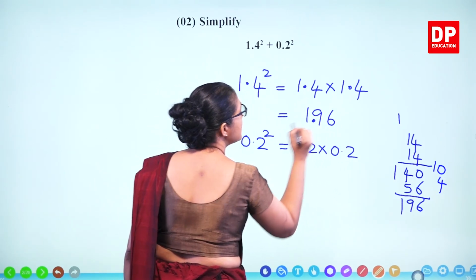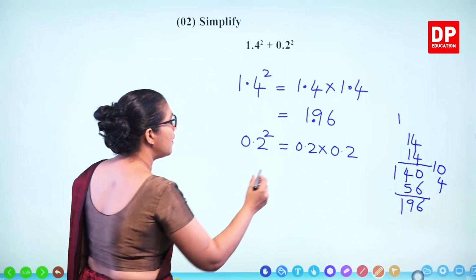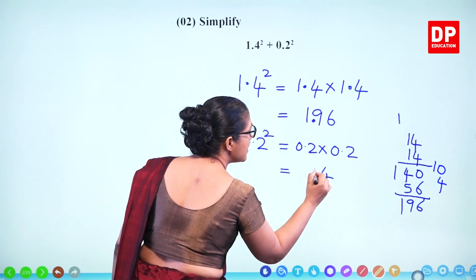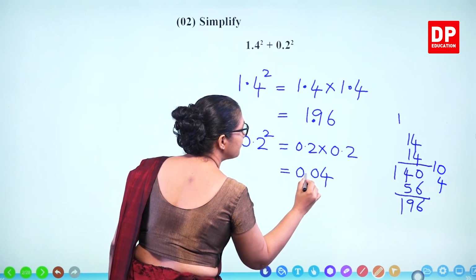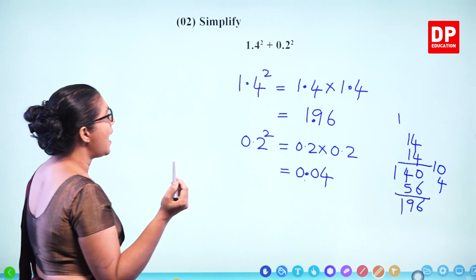So we get 1.96; 2 decimal places you have to keep. Then again 2 times 2 is 4, but with 2 decimal places, so 0.04. Now you just have to add it.